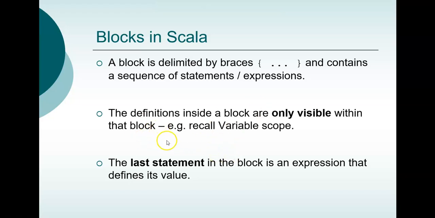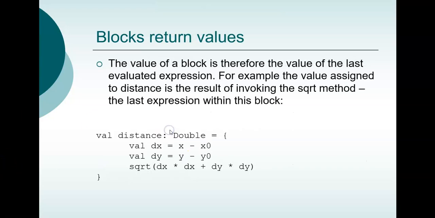Now, we can also have a block expression, and the last expression in the block defines the return value. So for example, we have a block that returns a value. When you look at this, val distance: Double equals this block of expressions, which is a sequence of statements.